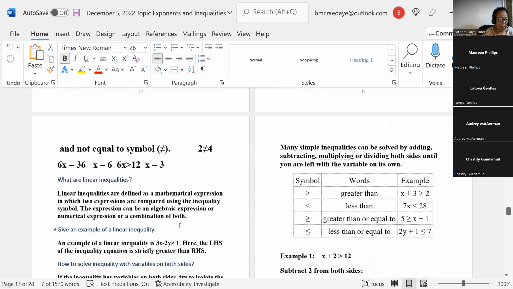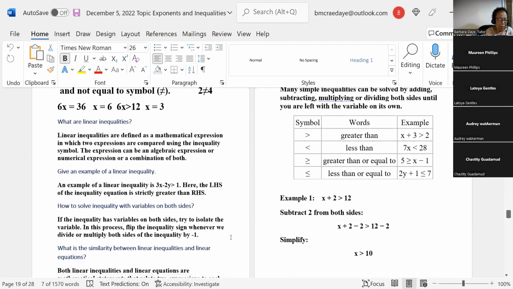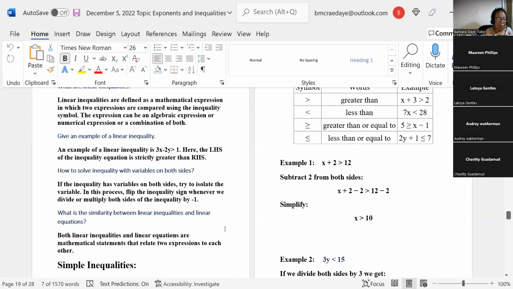Now, we will be looking at linear inequalities, and we've been solving these, with the left-hand side and the right-hand side.